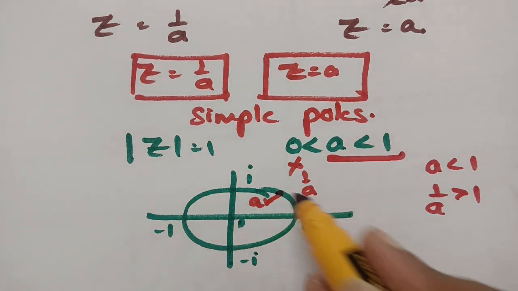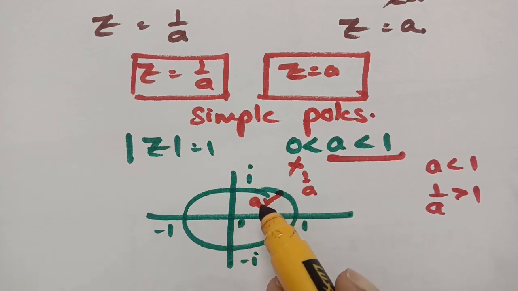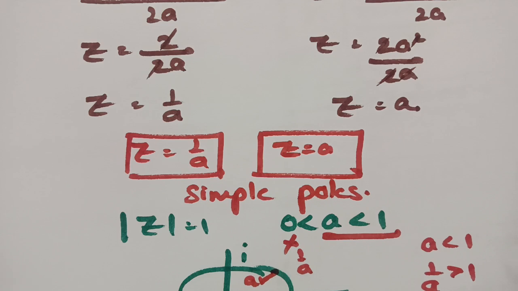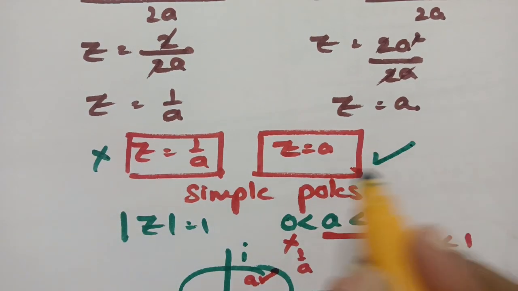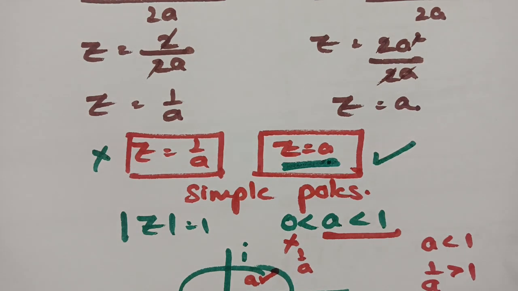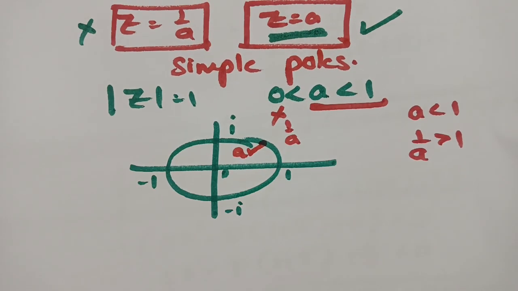So this is the pole which is within the given region. So we have to find the residue at z is equal to a, and this other one is not needed. This pole is the only pole which lies within the region, so I am going to find the residue for this.